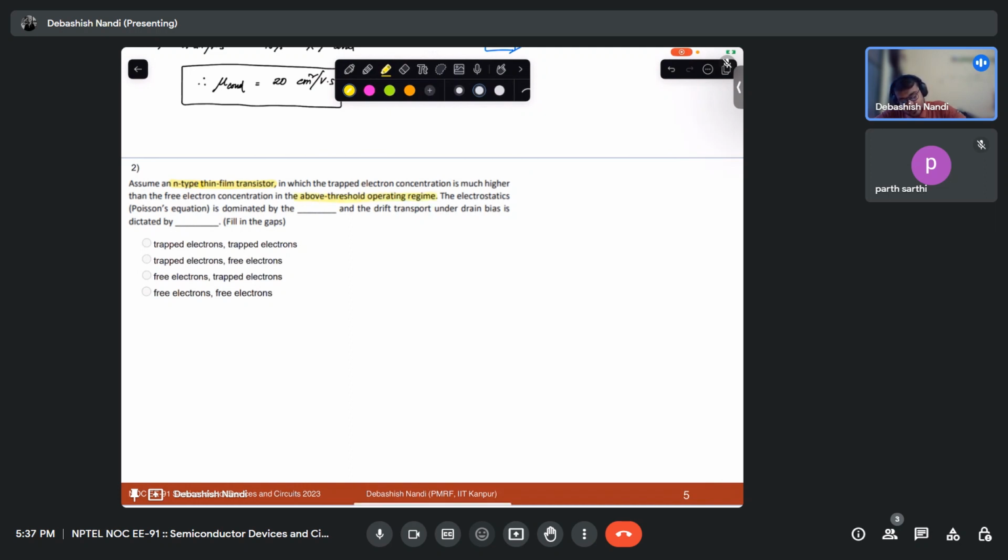The electrostatics is dominated by dash and the drift transport under the drain bias dictated by dash. Now for you to answer this question, you do not need any knowledge of the amorphous semiconductors.